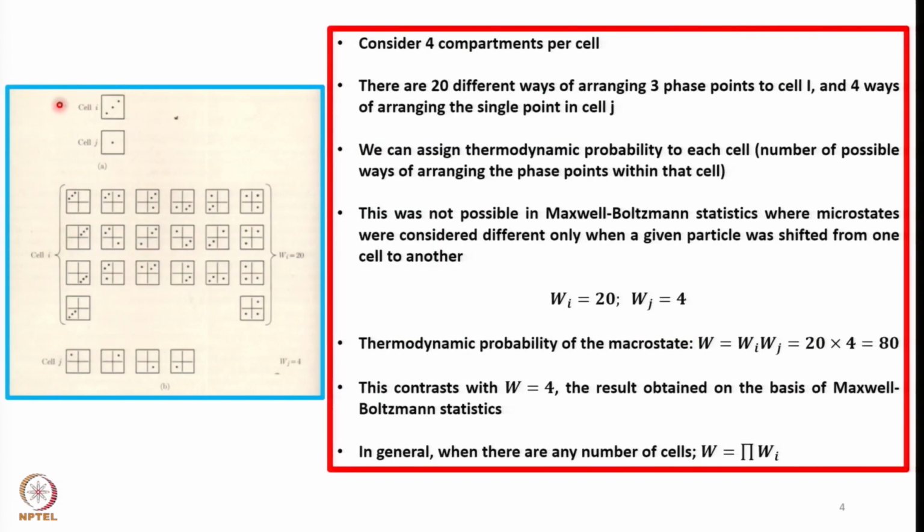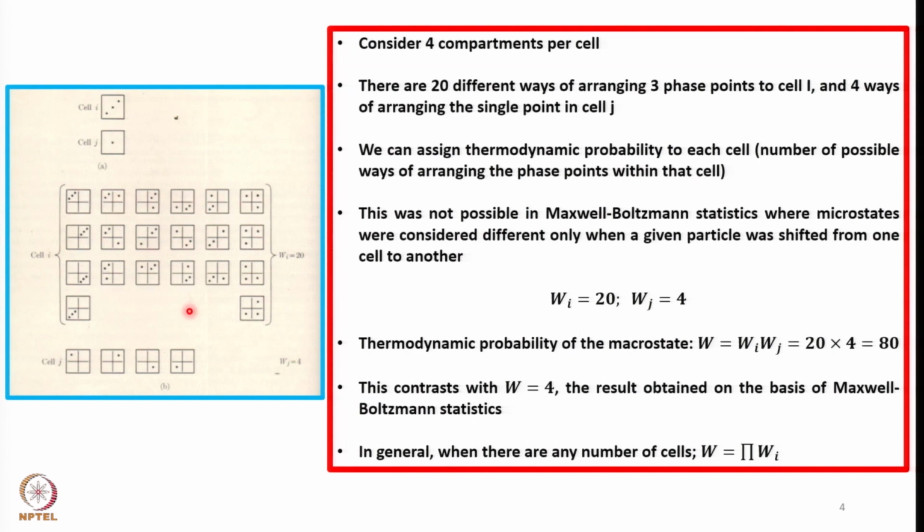So we started with 3 phase points in cell I and 1 phase point in cell J. Now consider 4 compartments in each cell. That is, you see here the 1st compartment, 2nd compartment, 3rd compartment, 4th compartment. If you carefully examine, all 3 can be in one cell, 2 in one and 1 in another, and there are various combinations.